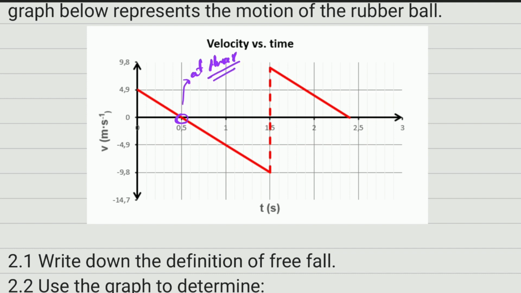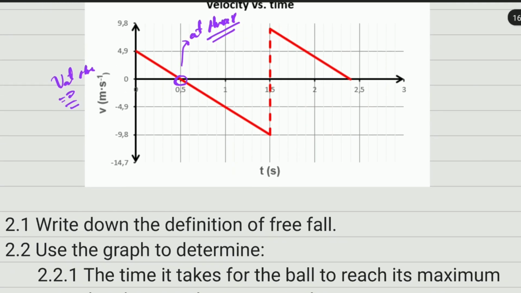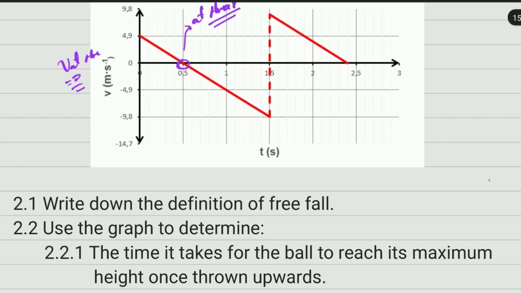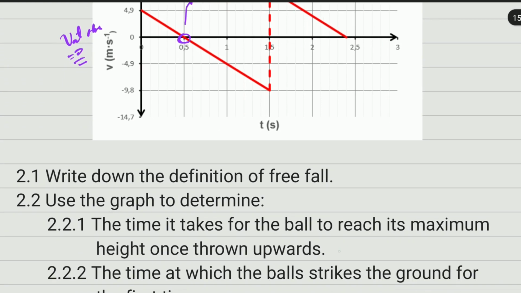If you think you're going to get confused, you can notice that the object was thrown up, the velocity decreases up until maximum height, so the velocity at the maximum height is equal to 0. Alright, now the question is about the time. So the time is 0.5 seconds. We can answer here, we're not going to write at the bottom. The time was here equal to 0.5 seconds.